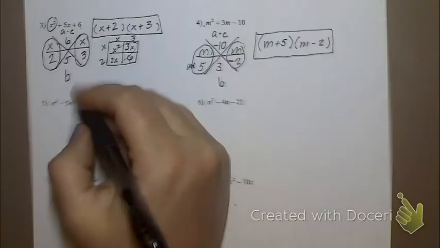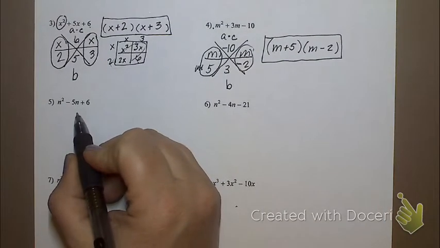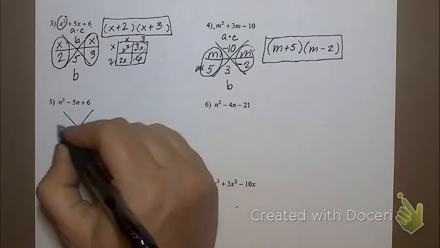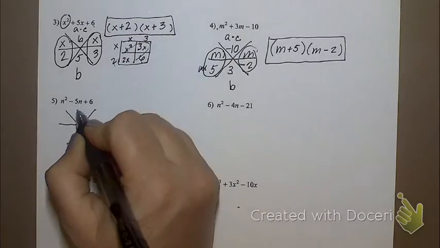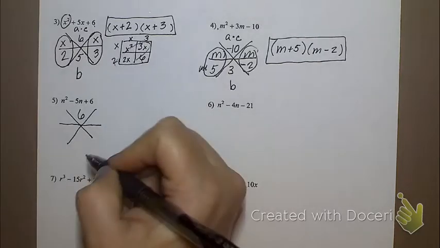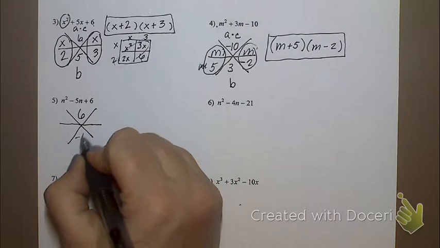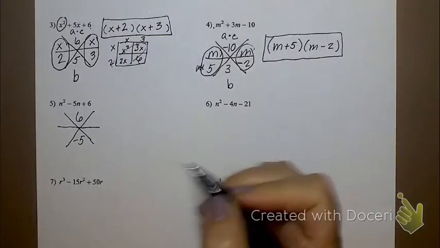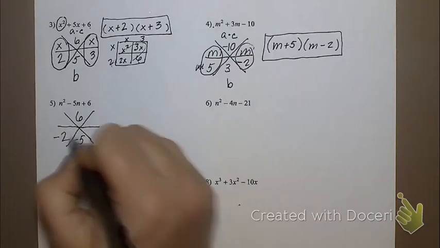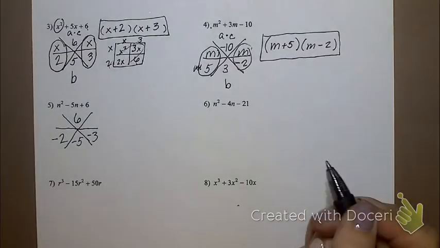Okay. So, is there anything I can take out? No. Okay. What goes on the top? A times C, which is 1 times 6. And on the bottom, negative 5. What are two numbers that multiply to get 6 and add to get negative 5? Negative 2 and negative 3. What if 2 and 3 didn't work?